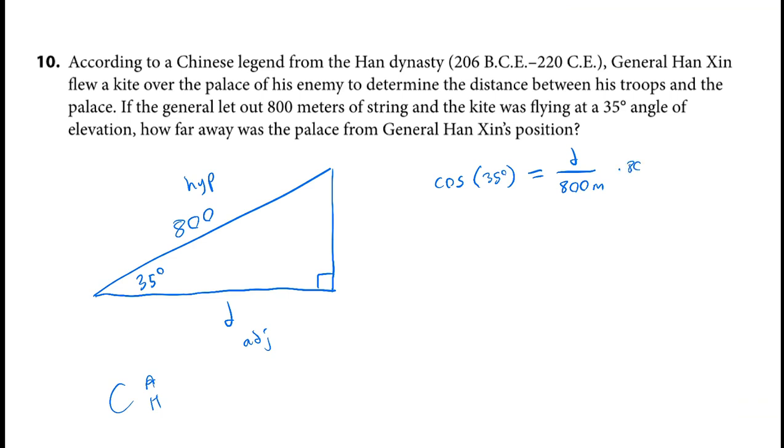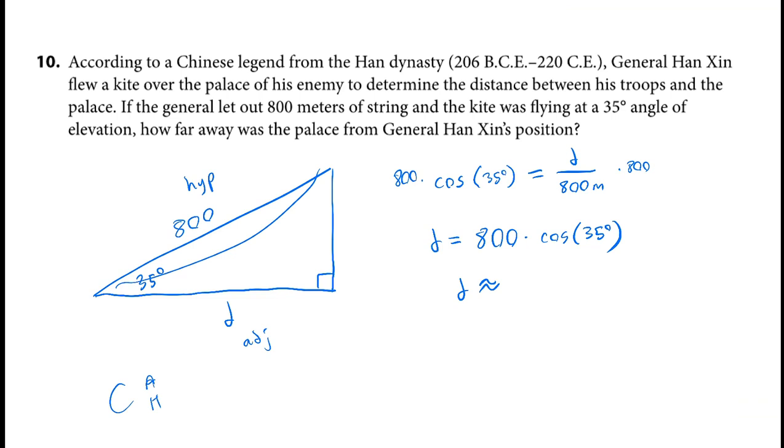So then we just multiply by the 800 on both sides, and we get the distance is exactly 800 times cosine of 35, ignoring the droop of the string. And so we get the distance is about 800 times the cosine of 35 degrees.